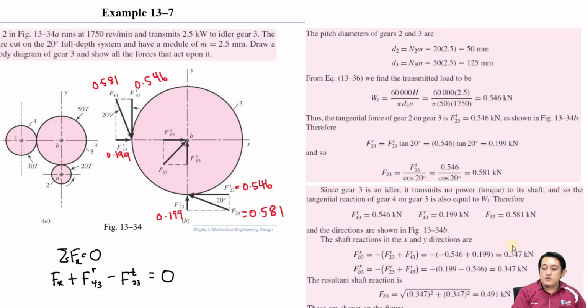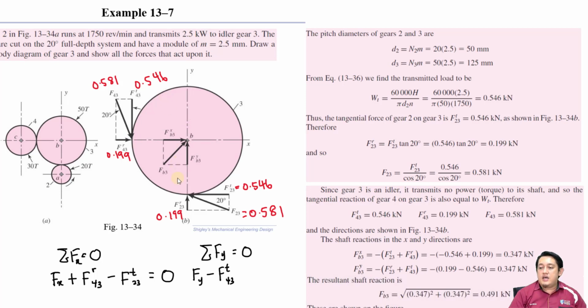What about the y direction? The total of force in the y direction must be equal to 0. We have the unknown force, Fy, and what is the direction of y? This direction here is in the negative direction, so negative F tangent for 3.